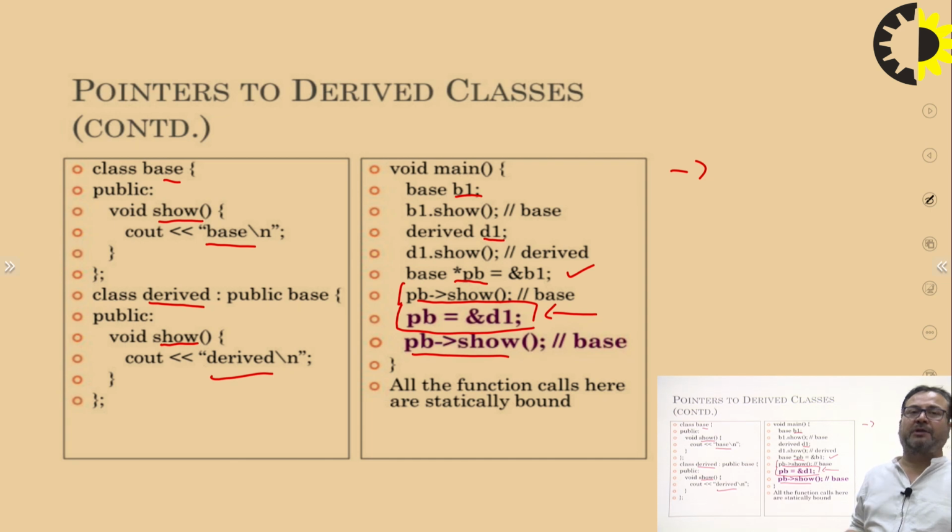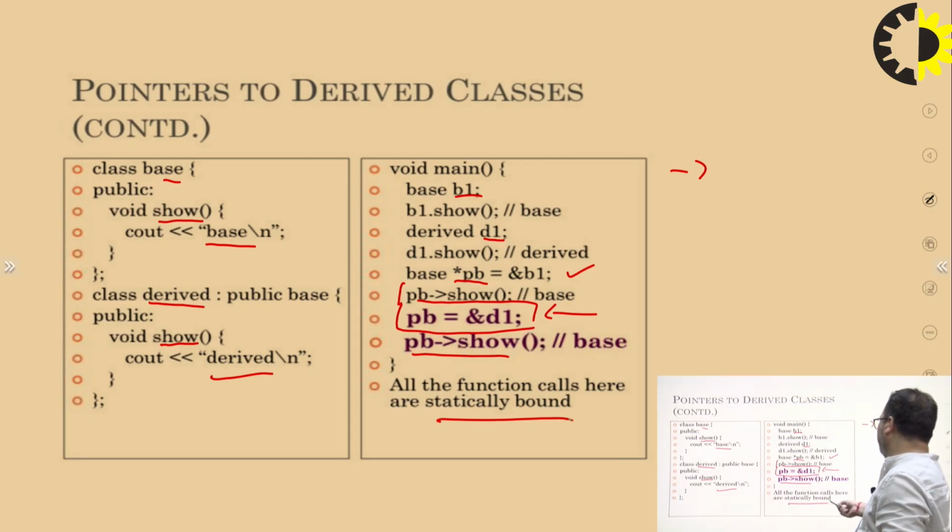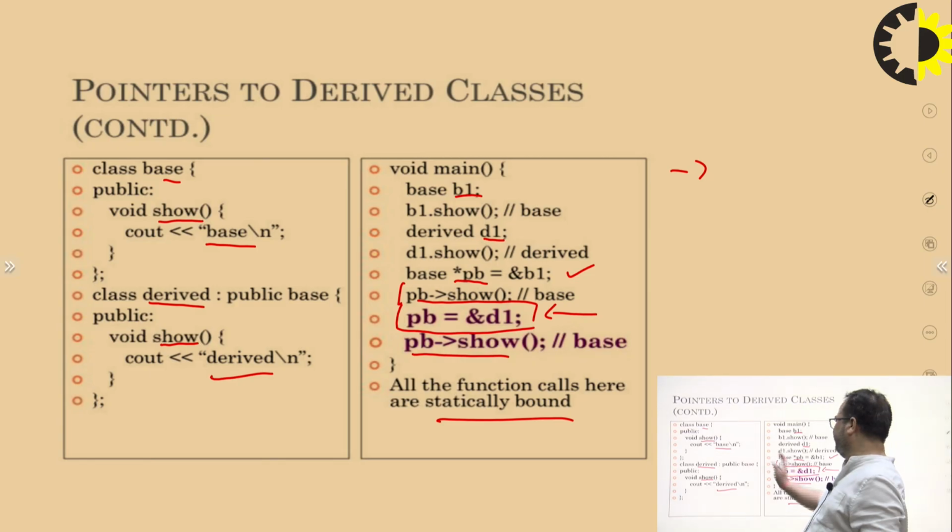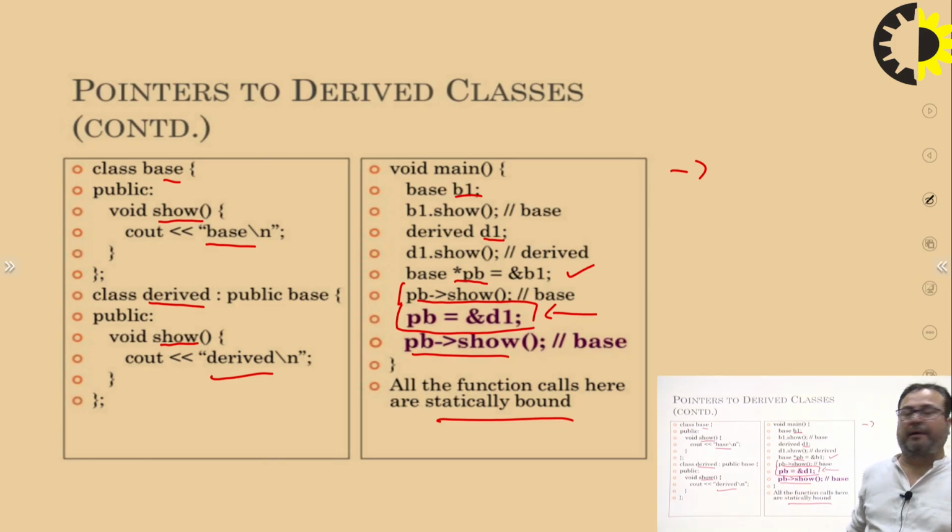So how could this be achieved? This could be achieved by using the concept of virtual function. All the function calls are statically bound, that is, early bound. At compile time, it will be bound, it will simply match, and this will invoke the function which is inside the base class.